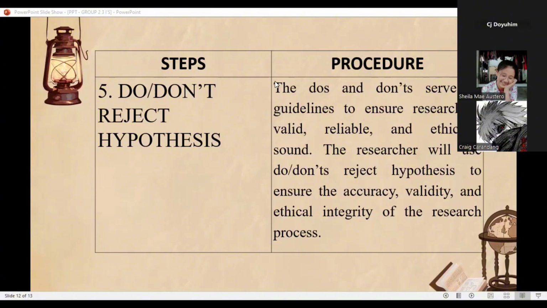So that is the difference between qualitative research as an inductive approach, while quantitative research as a deductive approach.